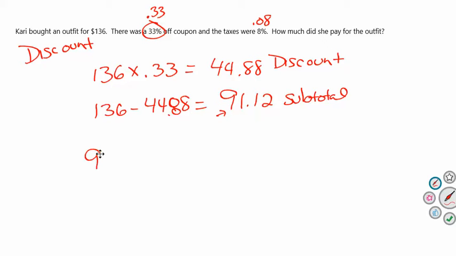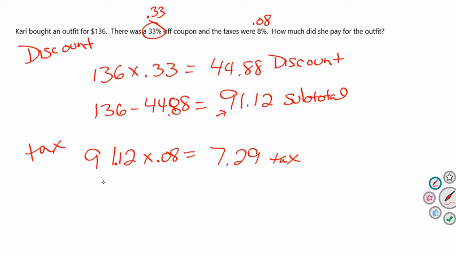Now let's figure out the tax information. The tax amount: $91.12 times my tax rate. Grab your calculator. $91.12 times 0.08 comes up to be $7.29 because I need to round. So this is my tax.